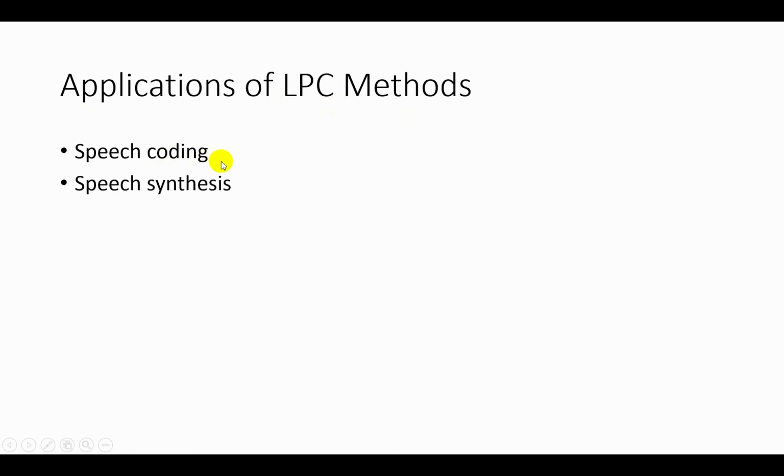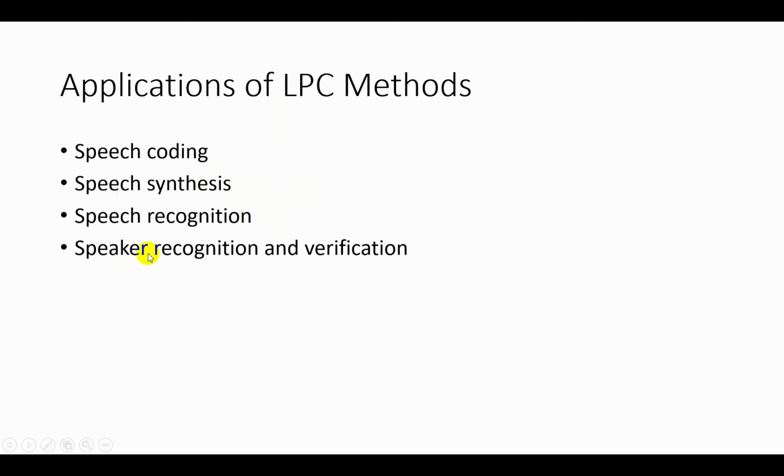And also for generating speech, that is for speech synthesis, we are using linear predictive coding. And for identifying speech, that is for recognizing speech, also we are using linear predictive coding. For speaker recognition and verification of the speaker, linear predictive coding can be used. And also it can be used for speech storage.